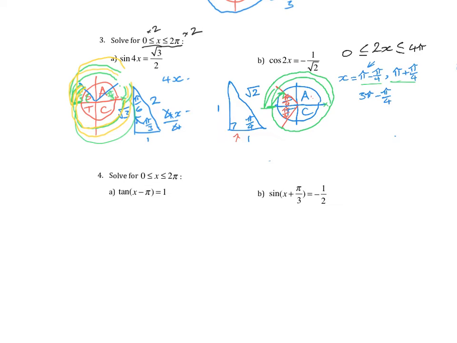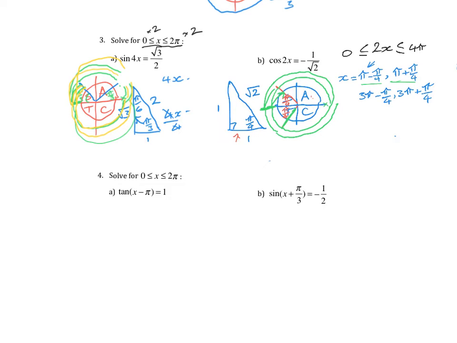And then my next solution, we go back to pi, and then we add another pi on 4 to get to this line here. So we're at 3 pi, and then plus pi on 4. And then we finish our circuit, get to 4 pi, and we're done. We didn't hit any more lines.